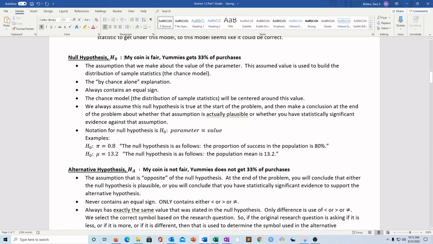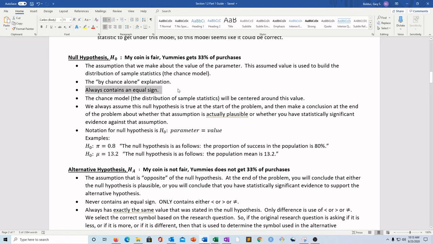So what do we do? We take the null hypothesis. That's what we build our chance model on. That's the by chance alone explanation. We say my coin's fair, aka 50% should get heads. Yummies is just randomly getting purchases, that's 33% of them. So we have a number here, which is nice. We've got a number to actually hold on to, and that's why it's an equal sign.